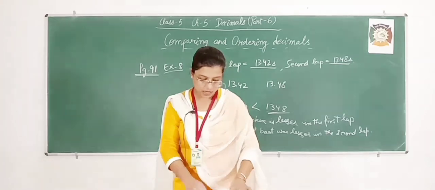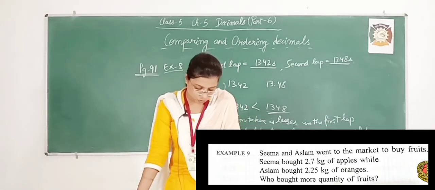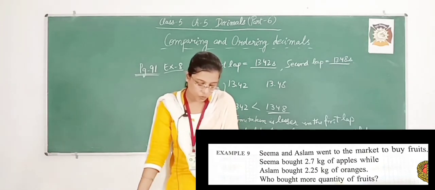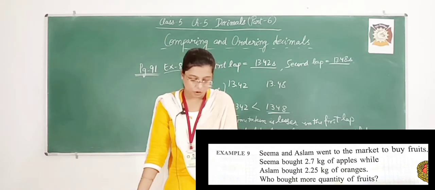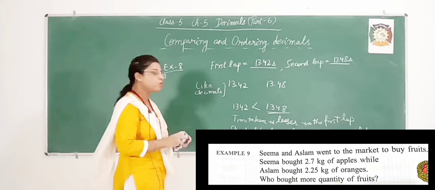Next one is, Seema and Aslam went to a market to buy fruits. Seema bought 2.7 kg of apples and Aslam bought 2.25 kg of oranges. Who bought more quantity of fruits? So you have to compare 2.7 with 2.25.